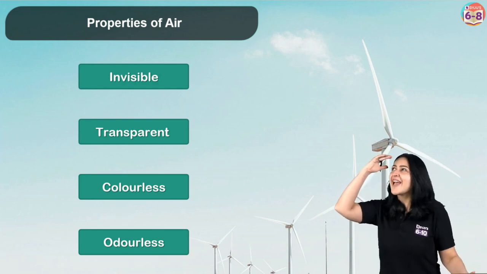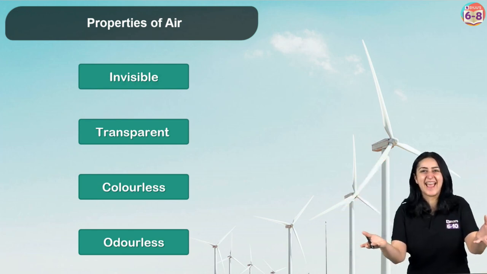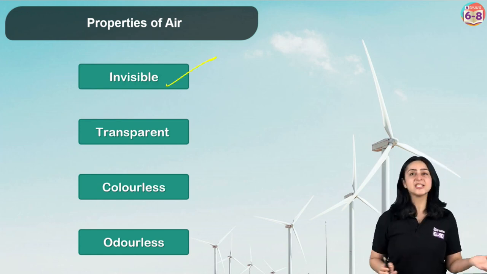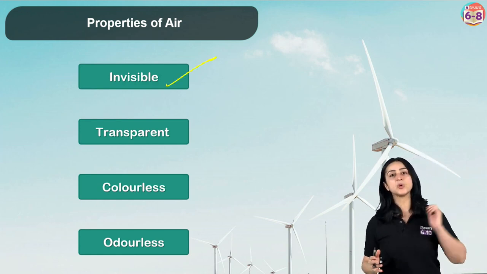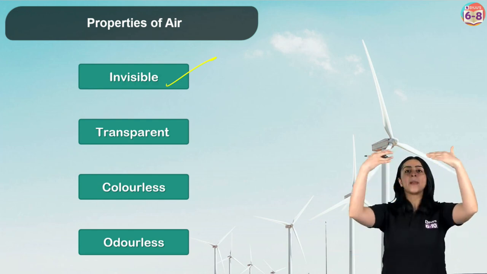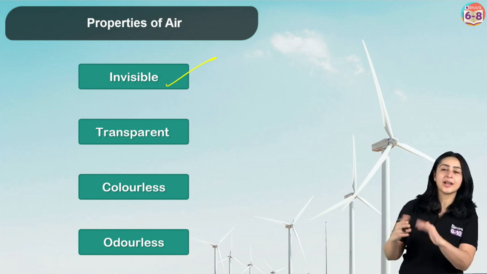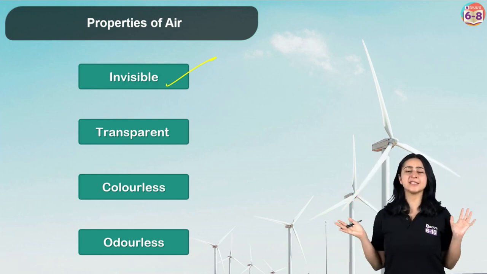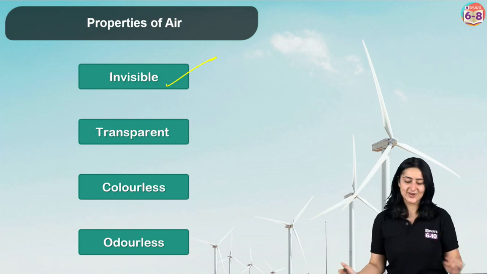Where is it? You can't see it, but you know it's there, right? Almost like magic. Also, it is transparent. Transparent basically means something that you can see through, right? It doesn't seem like air forms a wall around us that you have to look around. No, there is air all around us, but you can see things very easily, which means that it is transparent.